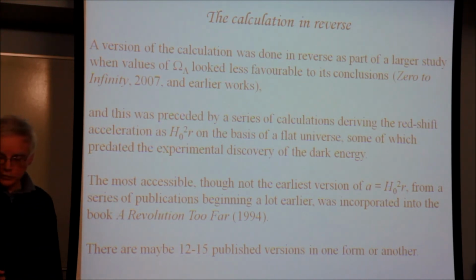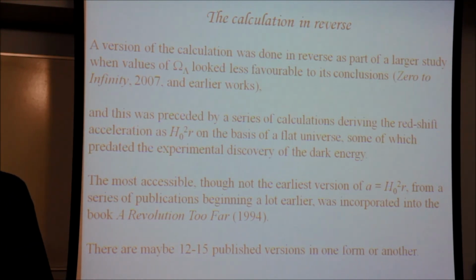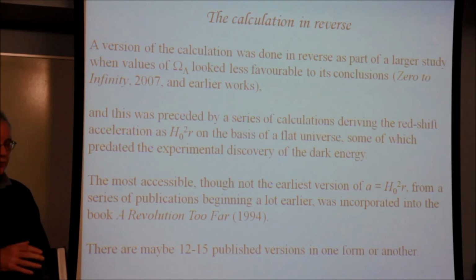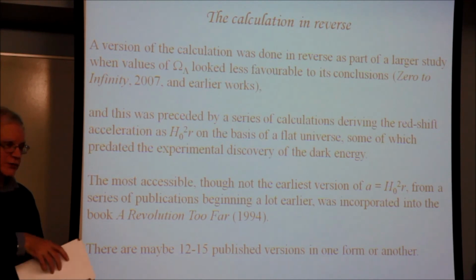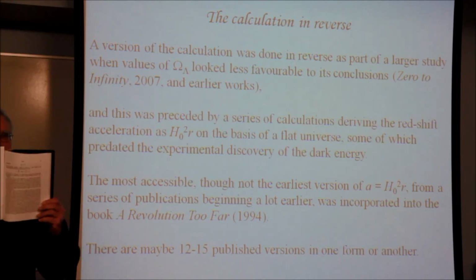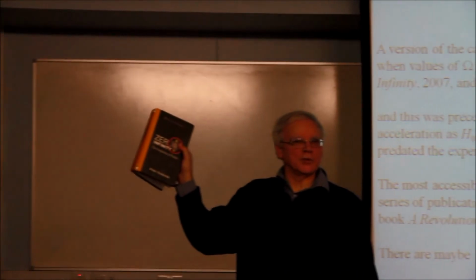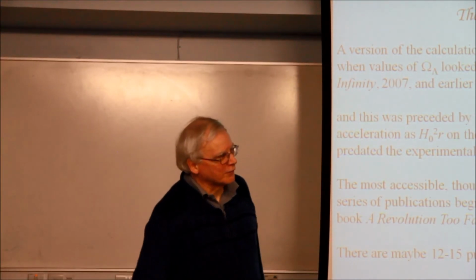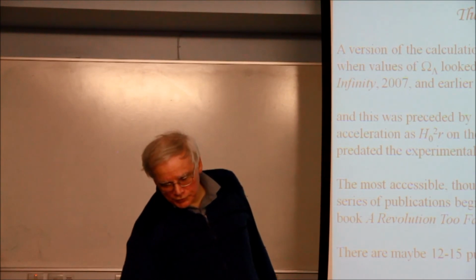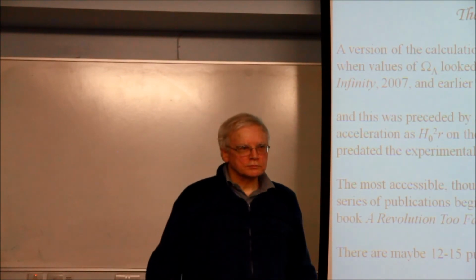This is, for example, in here, but this is nothing like the earliest version. And the 2/3 value is here on page 605 in this book, Zero to Infinity. We've got many copies in our library if anybody wants to read. But notice page 605. This is 2007, this book.